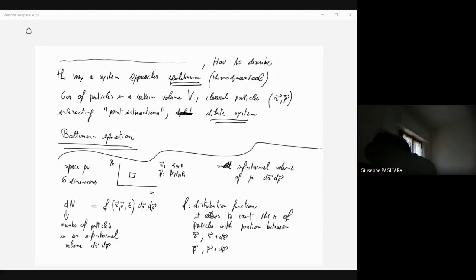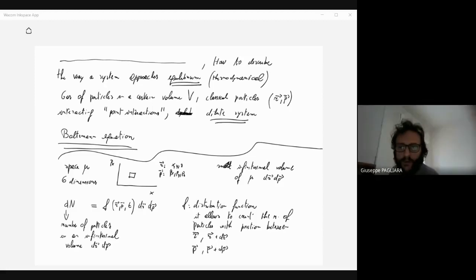Now, in principle, this distribution function depends on space, depends on momentum, and depends on time also, okay? Well, actually, the goal of the Boltzmann equation will be to derive an equation to find f, which is the distribution function.